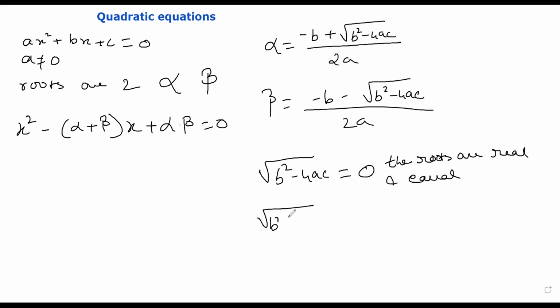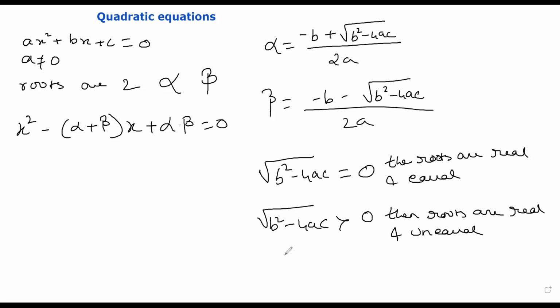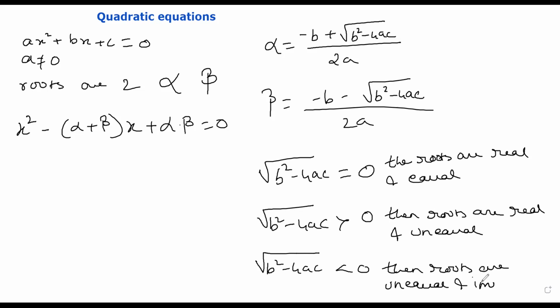If under root b square minus 4ac is greater than 0, then roots are real and unequal. And if this is less than 0, then roots are unequal and imaginary.